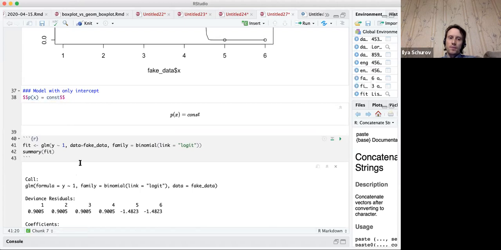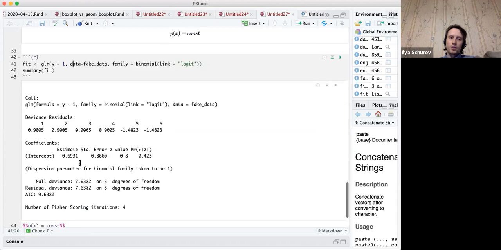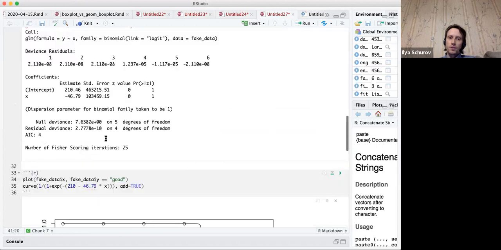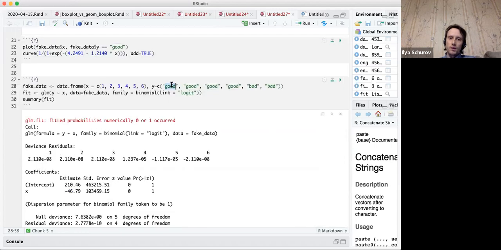How can we relate this probability with this number? First of all, if you look at this data, what is your best guess about the probability to get good?